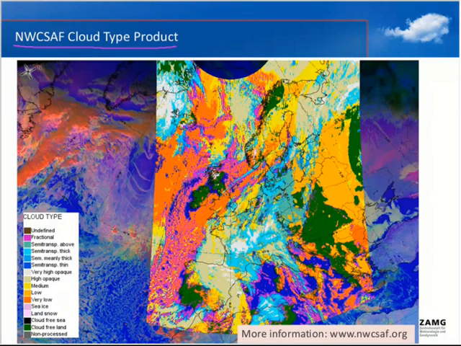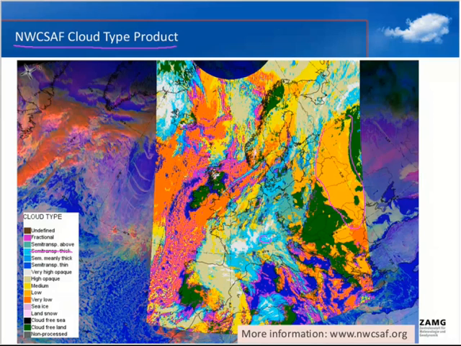You can see the fog is in these orange colors over here, and the thick clouds are in the cyan color like over here, so you get a quite detailed report about what you see on the satellite image.